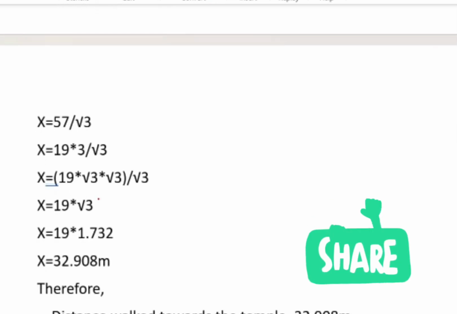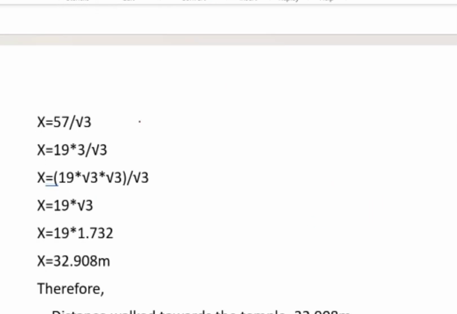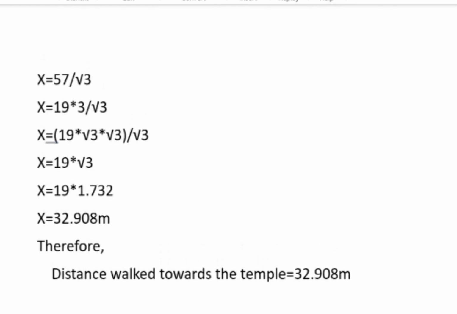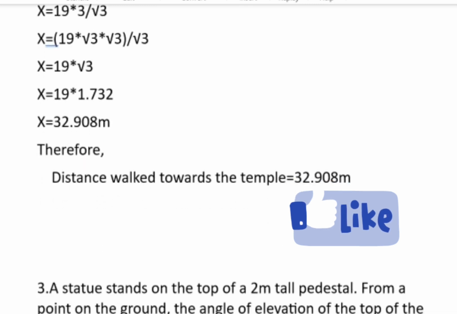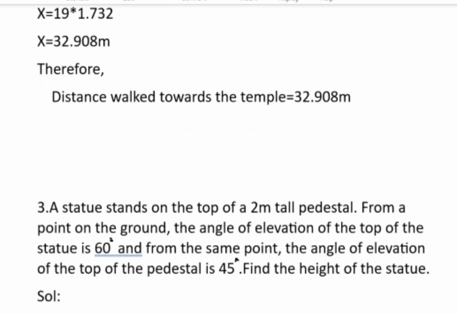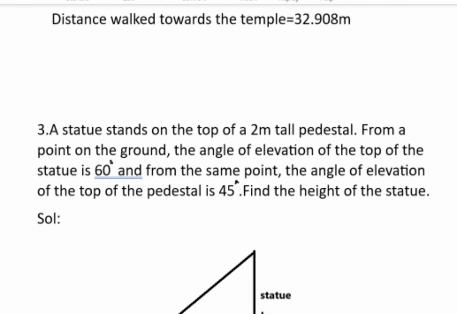So x is equal to 19 root 3, which is 19 into 1.732. If you multiply, you get 32.908 meters. Therefore, the distance walked towards the temple is 32.908 meters.